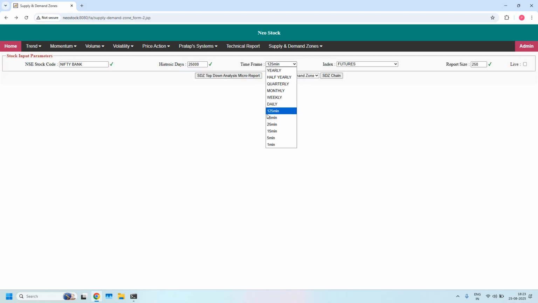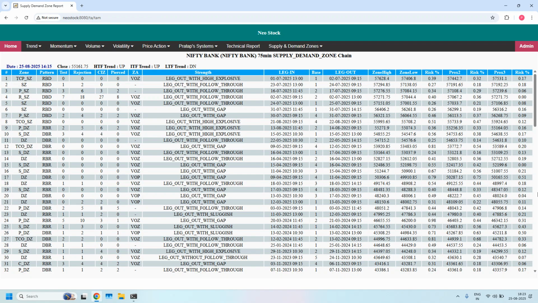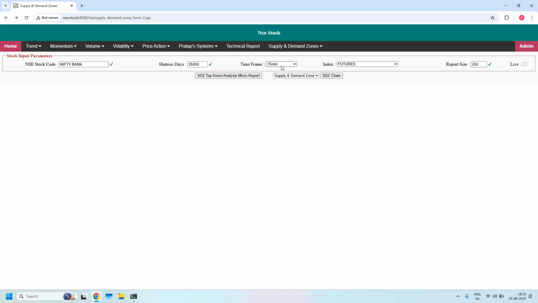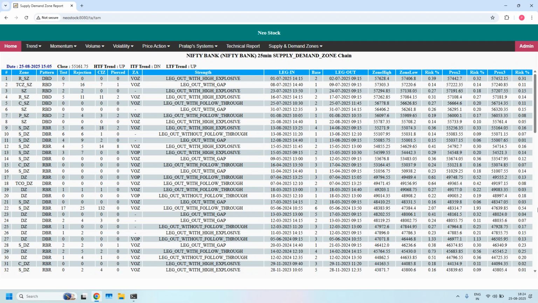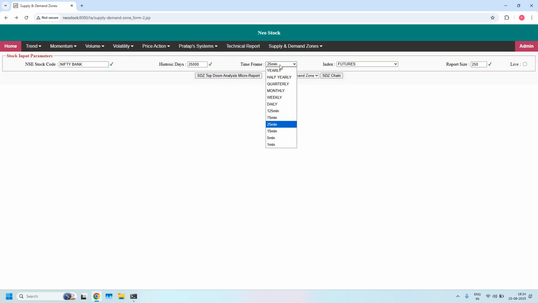Next, generating 75 minutes, 25 minutes, and 15 minutes supply demand zone chains for Bank Nifty.